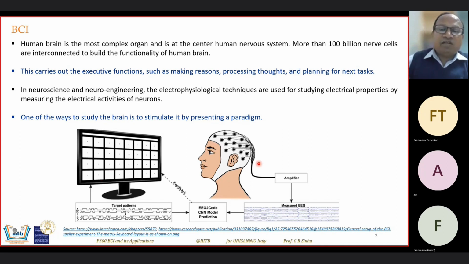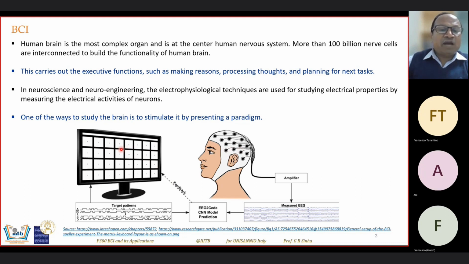This is one example where you can understand the BCI as well as how P300 works. Look here, this is a pattern. The person is looking at certain target patterns, which may have certain characters, dots. These are the patterns given on the screen monitor in front of the person.